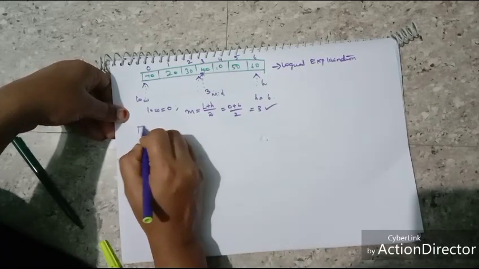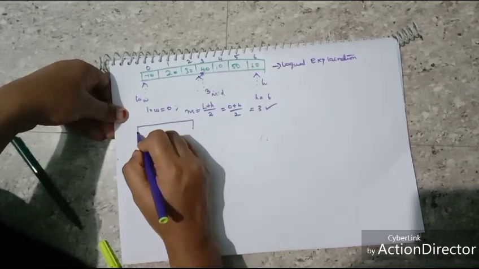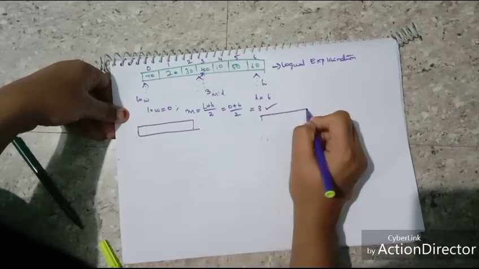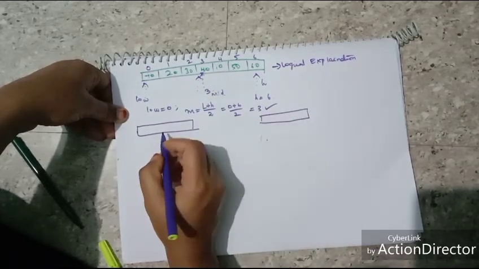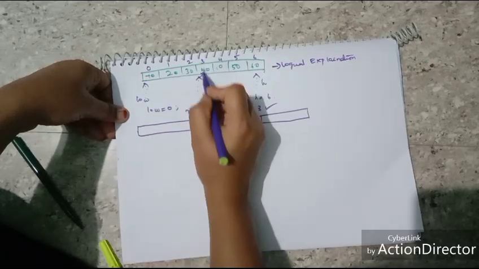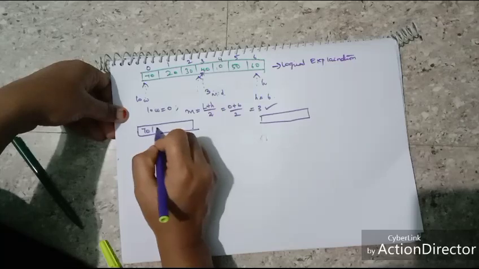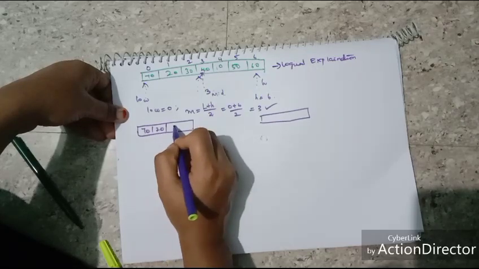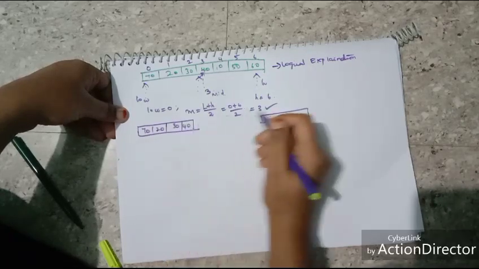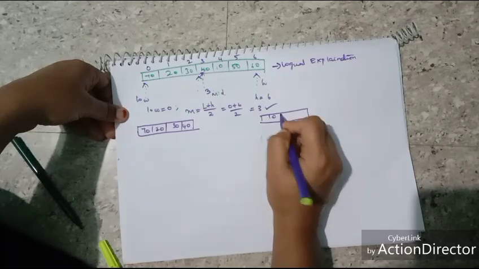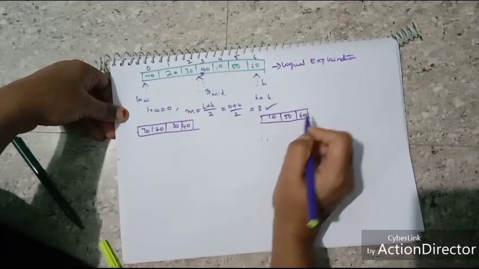Then we are going to divide this big problem into sub problems and find a solution for each. Divide it from the middle, because we found the middle value: 70, 20, 30 and 40, and then the next terms 10, 50 and 60.